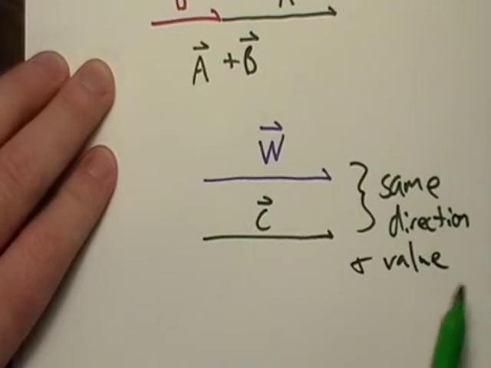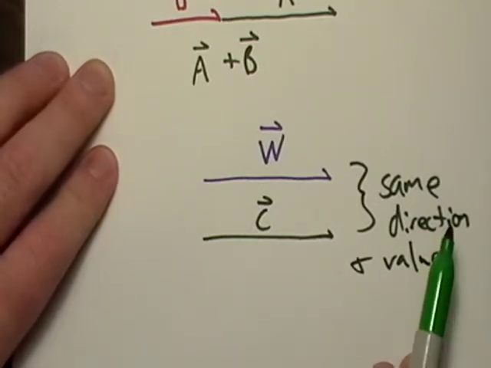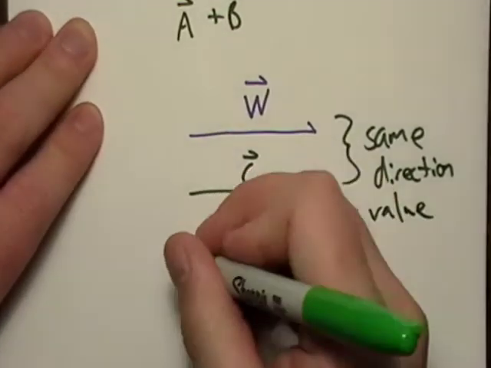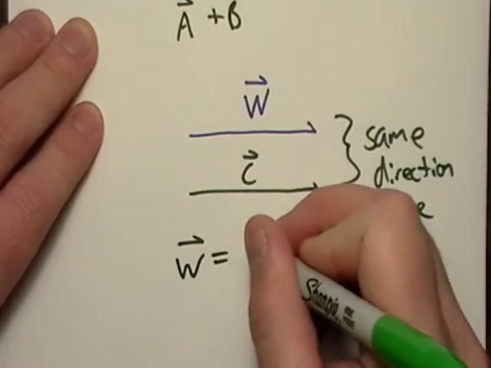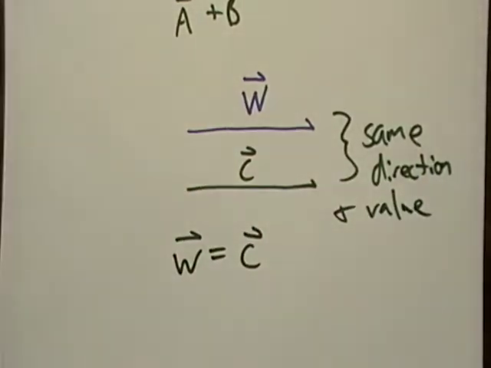So they have the same value, and they're both pointed in the same direction. Well, we can say that vector W and vector C are equal.